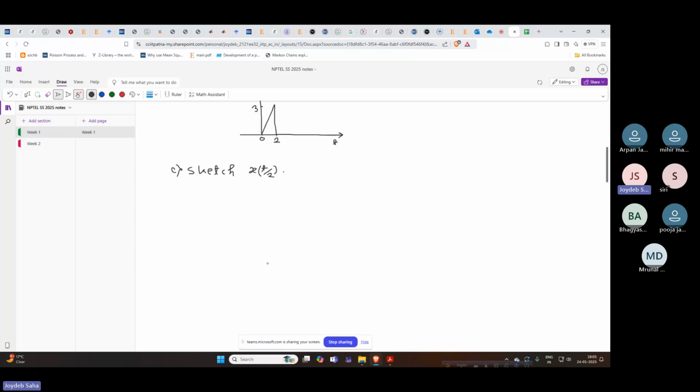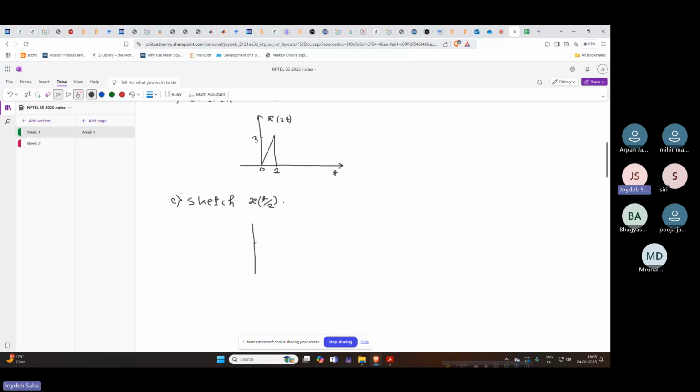Okay, so how will it look like? It will be like this. It will start from 0, it will end at 8, and this is 3 as it is. So this is x of t upon 2.